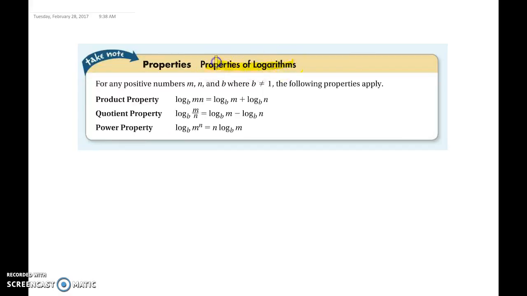So properties of logarithms, you will need to be able to do this in both ways, meaning you will need to be able to get a logarithm given to you and then separate it, like this one here, because they're being multiplied. But you'll also be able to go, if I have two logarithms with the same base and they're being added, then we can multiply the numbers together.